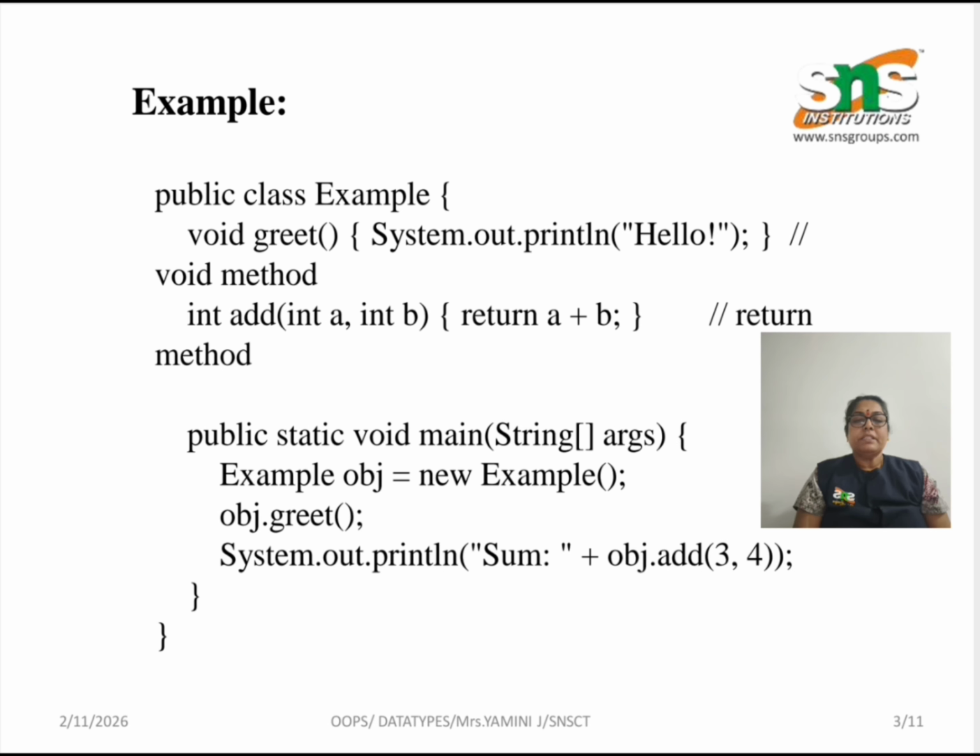The first method, greet, prints a message and does not return any value. The second method, add, takes two integer inputs and returns their sum. Inside the main method, we create an object of the class and call the methods. This demonstrates how methods help organize logic and reuse functionality efficiently.